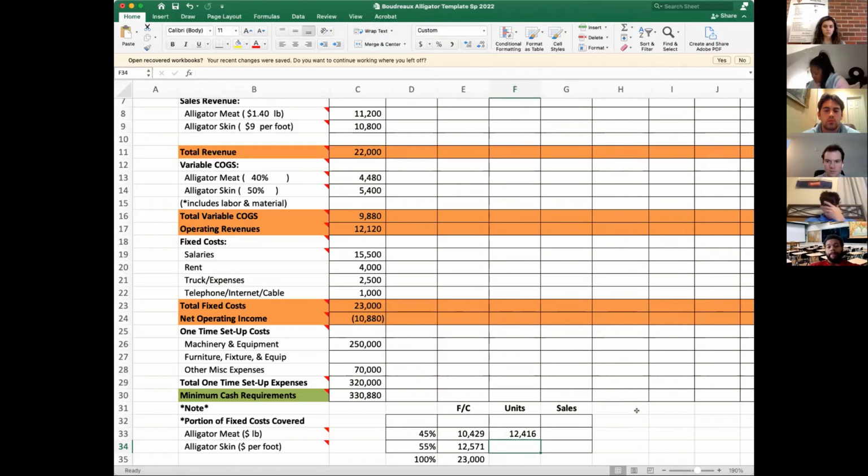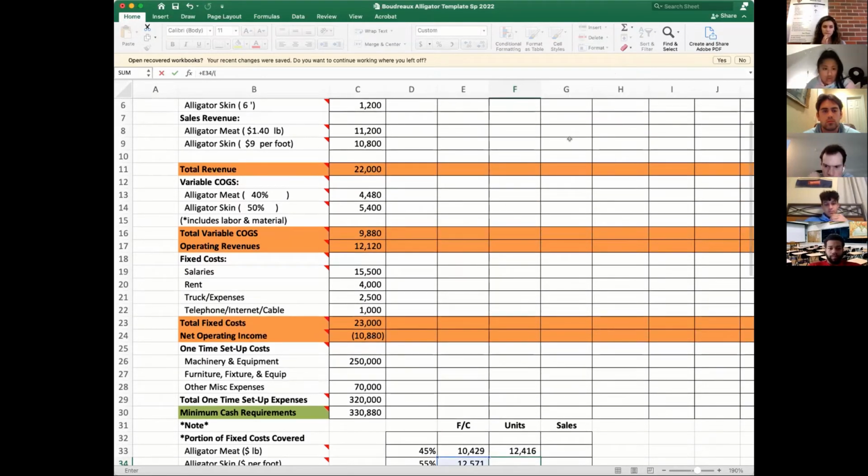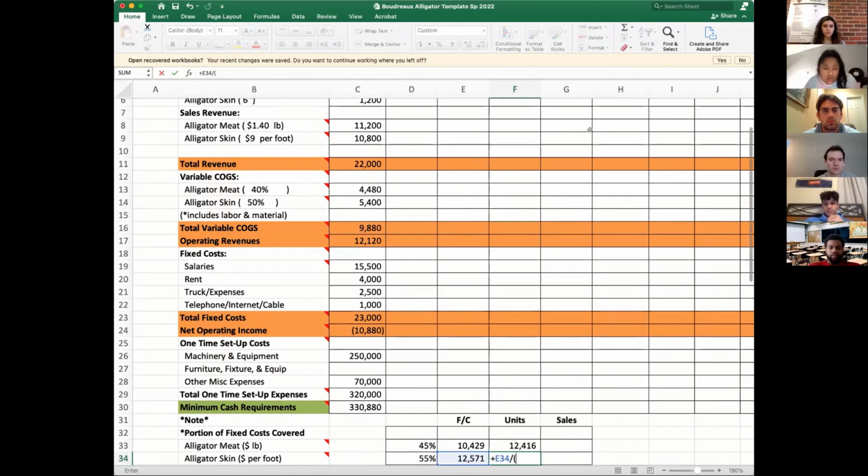All right, and I'm going to come back and redo this in a second. So what we do now, we do the same thing here. We say we have a fixed cost of 12,571. Joseph, what's the sales price of alligator skin? $9 per foot. Okay, $9.